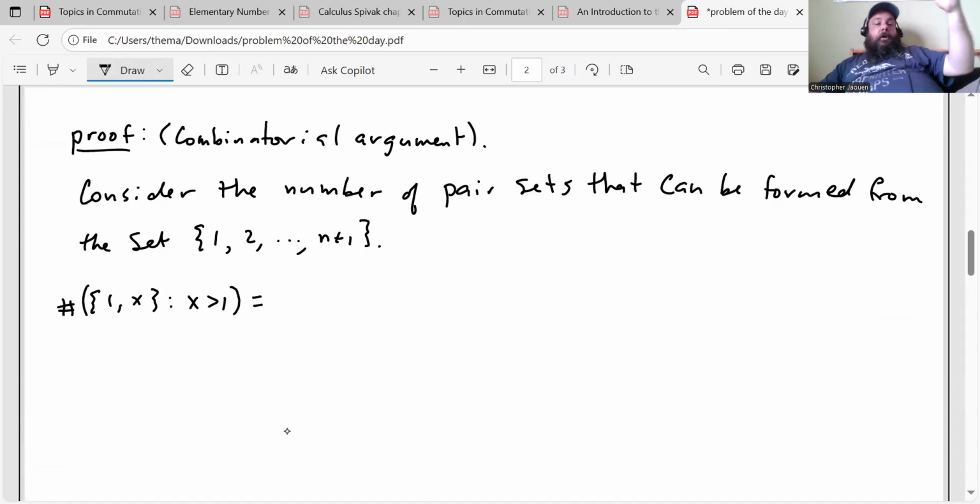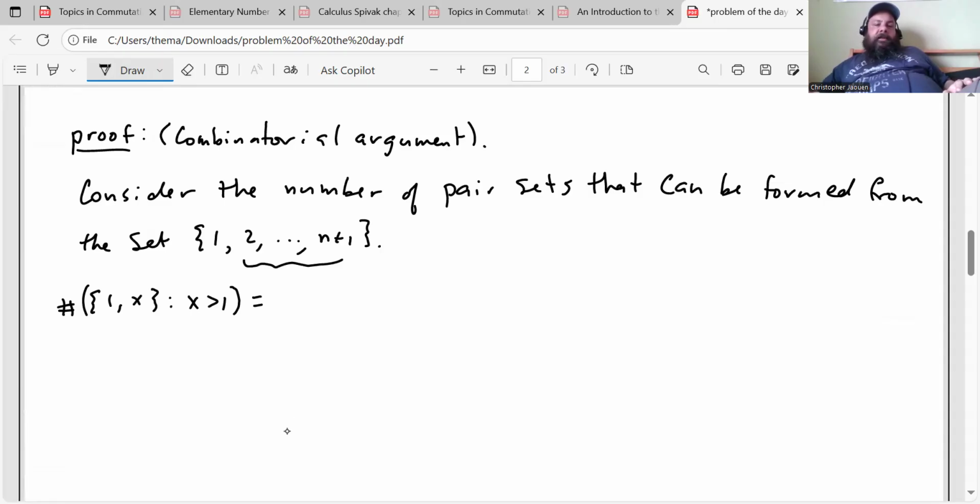The set of all pair sets that have 1 as an element involves all of the numbers in the set that are bigger than 1, so the other element of the pair set can only be one of the other elements in the set, and there's n of those.